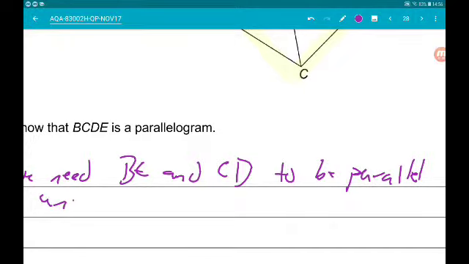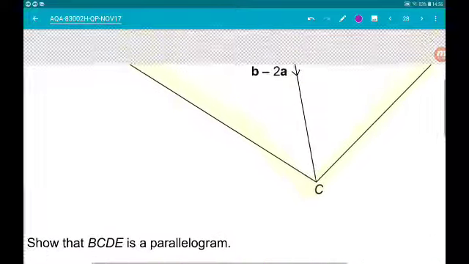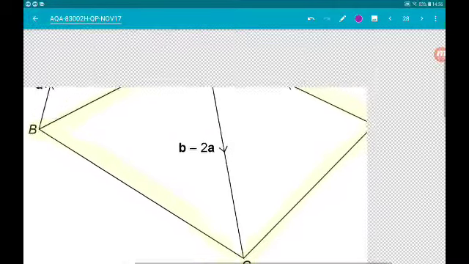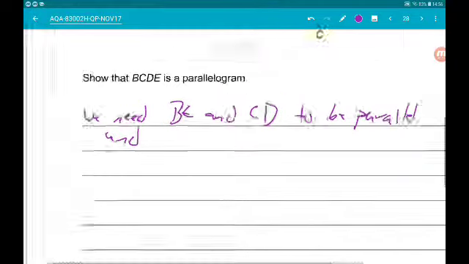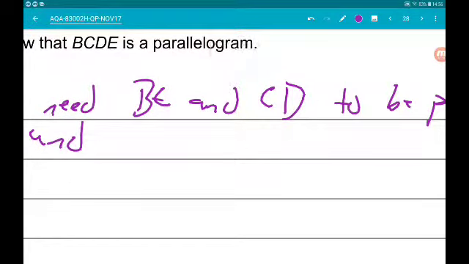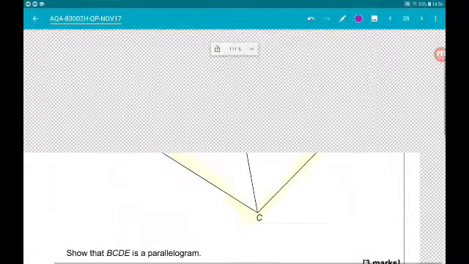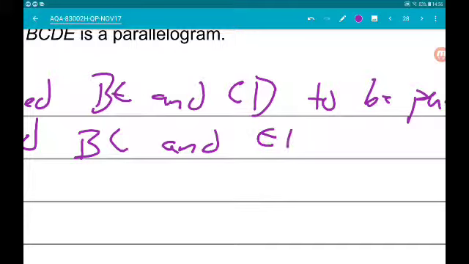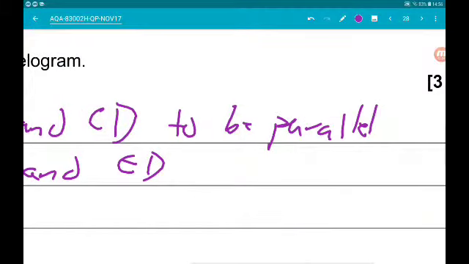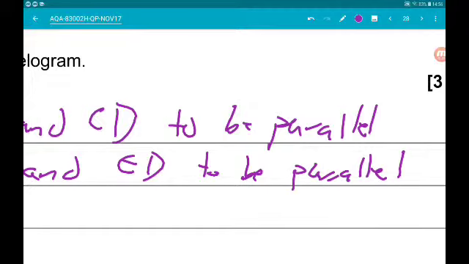And we also need BC and ED to be parallel. Okay, so we've got some vectors to work out.